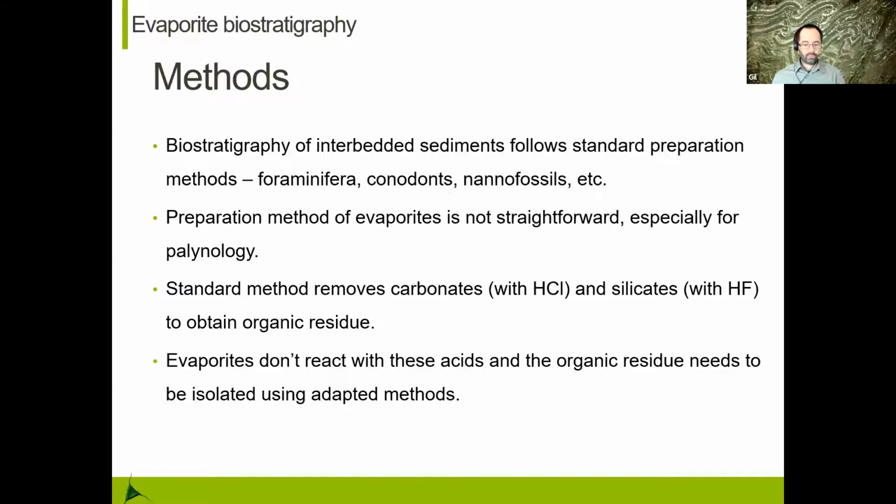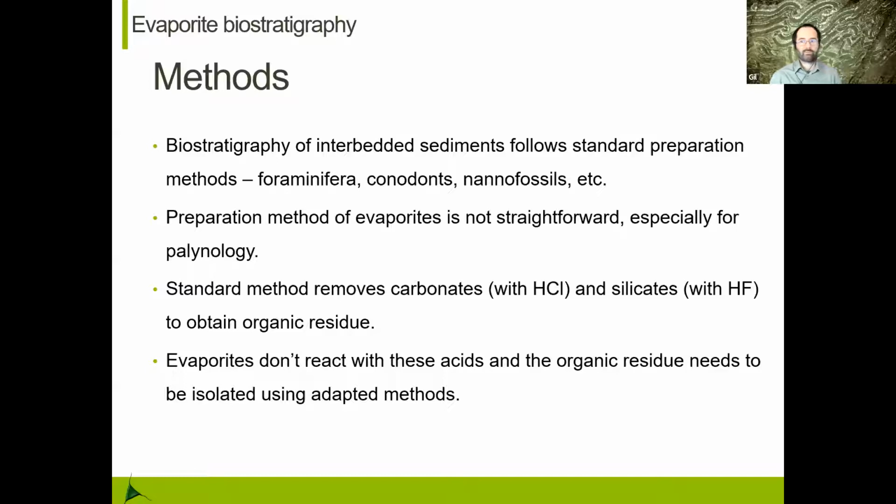So biostratigraphers usually use standard methods to process samples. Specifically for Palynology, there's a standard method, which we'll see in detail in a minute, which basically is not effective for evaporites.